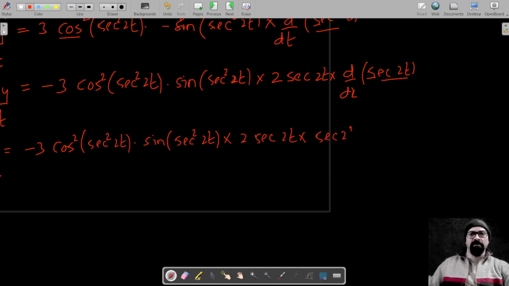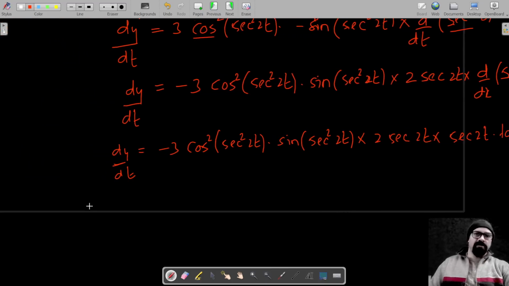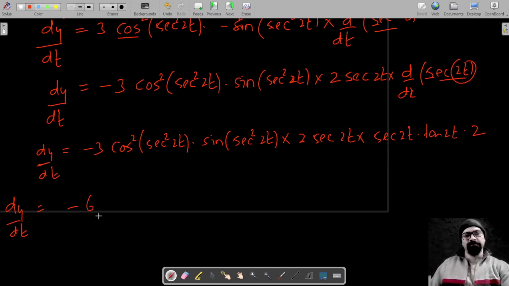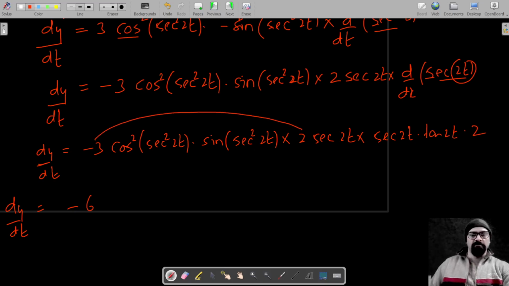So this is secant x into tan x and differentiation of 2t which is 2. So finally our differentiation is negative 3 into 2, this is negative 6, into 2 is negative 12.